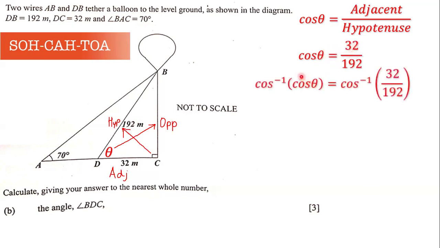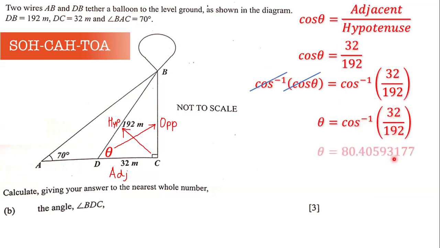We take the cosine inverse of both sides, and that means we can cancel out this with this, leaving us with theta is equal to cosine inverse of 32 over 192. We take cosine inverse of 32 over 192, and that gives us theta is equal to 80.40593177.